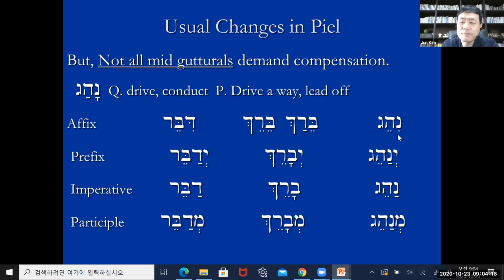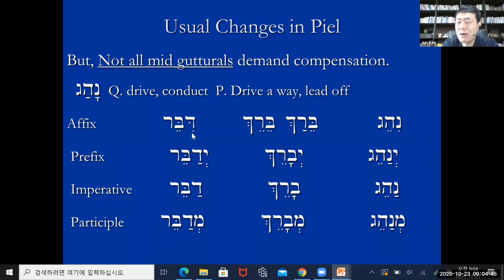Look at this. Actually, this is the strong verb pattern, and barak is appearing as an example of a middle guttural letter. So this one is all about the strong verb. Dealing with the strong verb Piel stem, we are expecting dagesh, dagesh, dagesh, dagesh. So we don't have any problem recognizing it as a Piel stem.